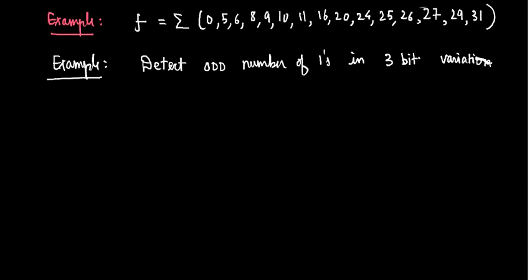So you need to detect odd number of ones in 3-bit variation. Prepare a truth table for that. Let the variables be A, B, C. We will detect odd number of ones. So write all the possibilities. The very first step is to form a truth table.